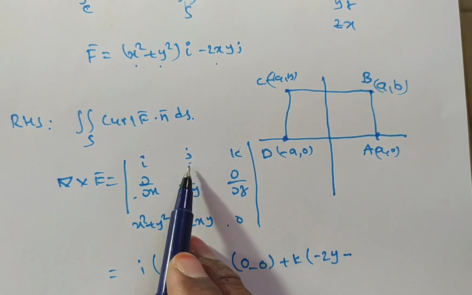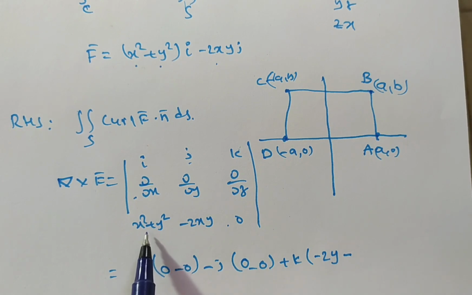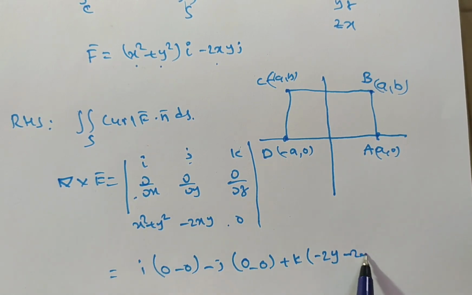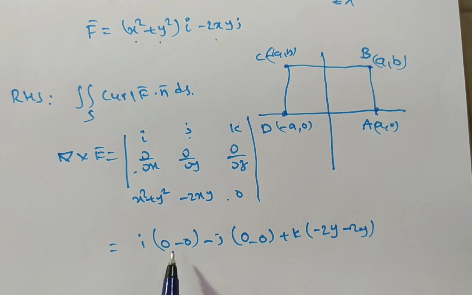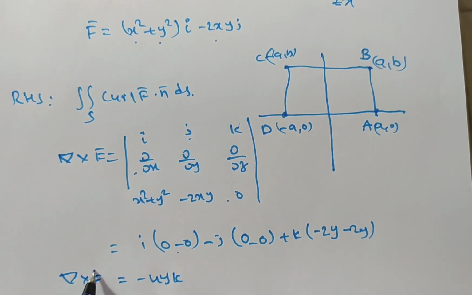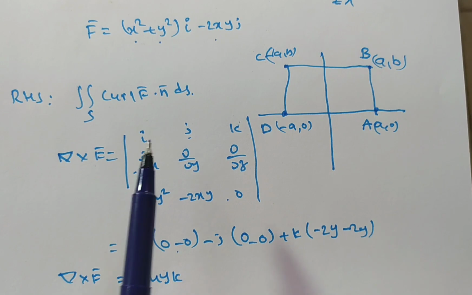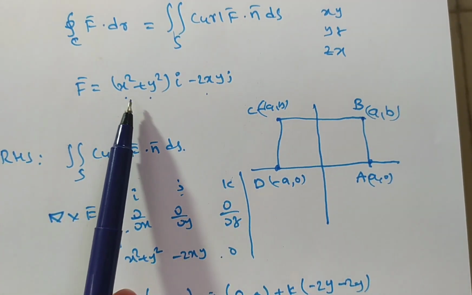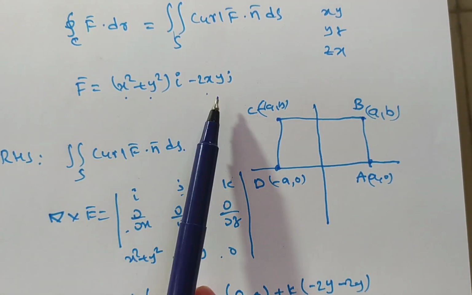Minus with respect to y of x² + y², you have 2y, so this is minus 2y. So minus 2y minus 2y, the rest are 0, so you get minus 4y k. Minus 4y k is the curl f bar value. Now you want n bar. You observe friends, f bar is given in the form f1 i plus f2 j.